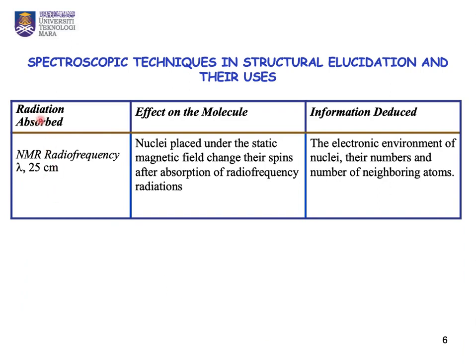The fourth technique used for structure elucidation is nuclear magnetic resonance, which uses radio frequency radiation. What this radio frequency does is, when the nuclei are placed under a strong magnetic field, a spin change of the nuclei takes place after the absorption of radio frequency.